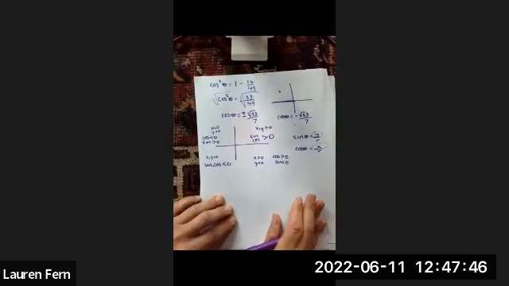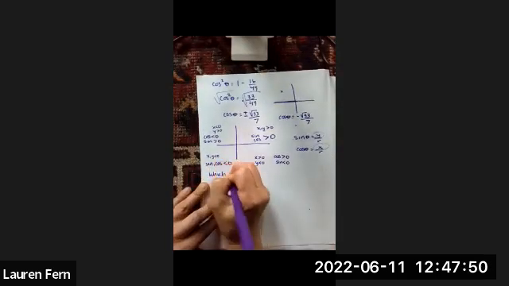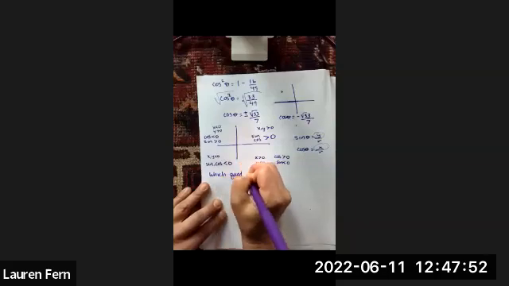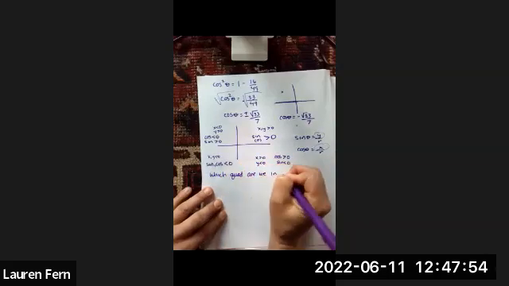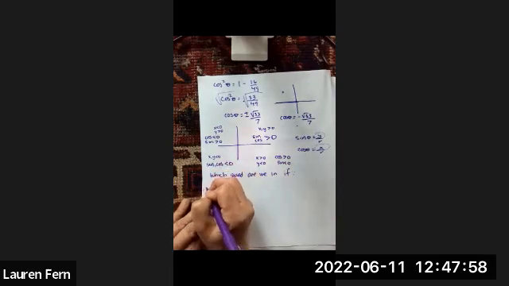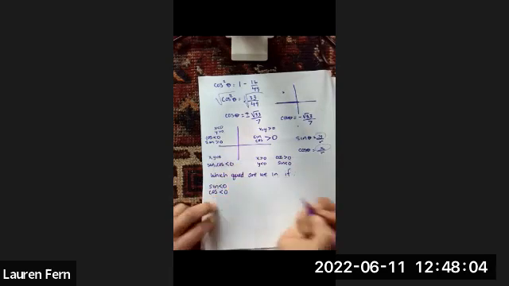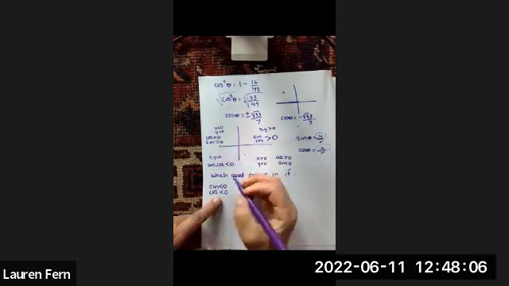All right, so what if I ask you to find the quadrant? Which quadrant are we in if I tell you that the sine is negative and the cosine is also negative? We would say that's quadrant 3.